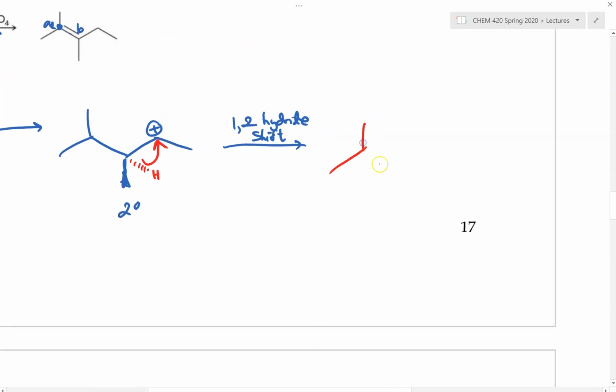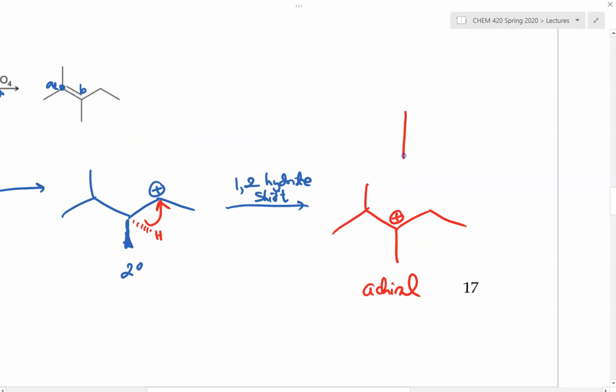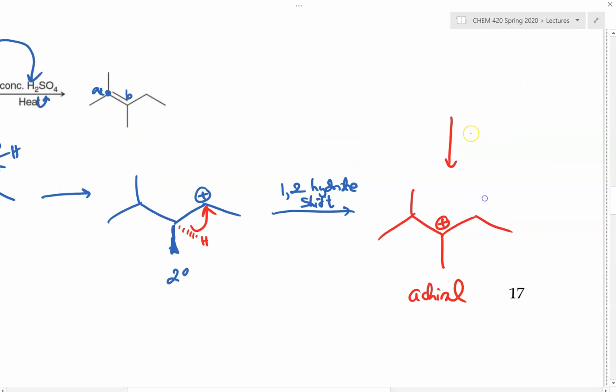And now this carbon B right here will no longer be a chiral center. It can now become a carbocation, which is achiral at this point. And on the next step, the base, in this case hydrogen sulfate, would come in and pick up this hydrogen right here in order for us to form the double bond between these two carbons.